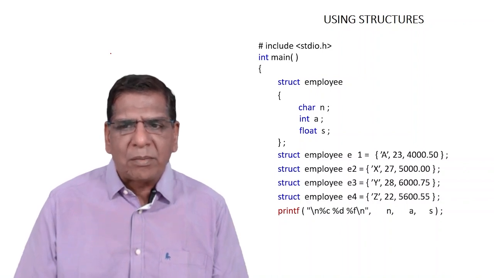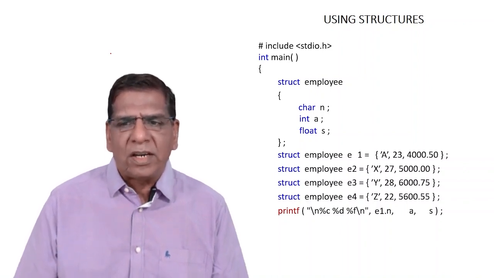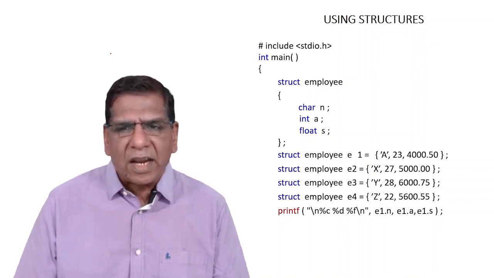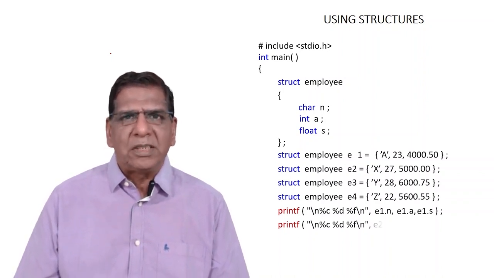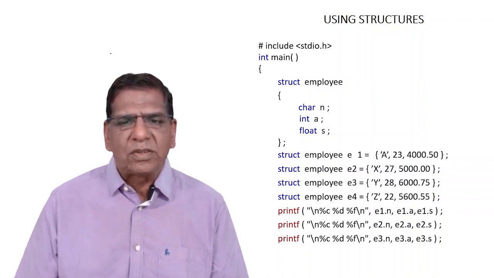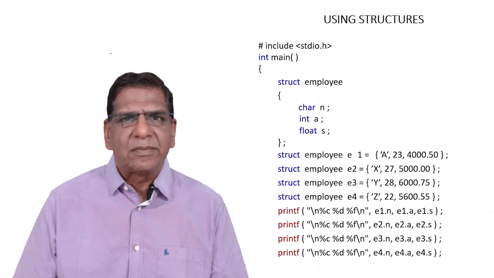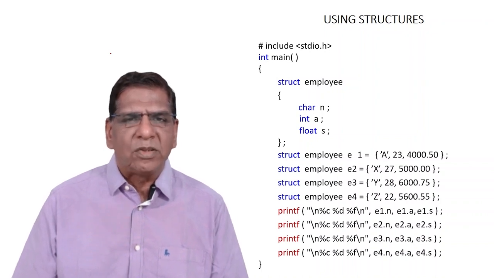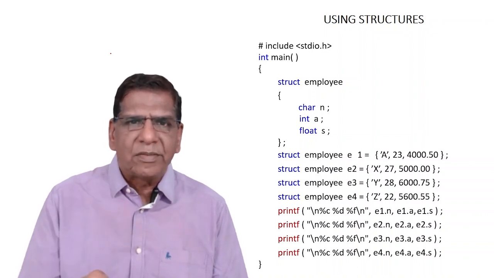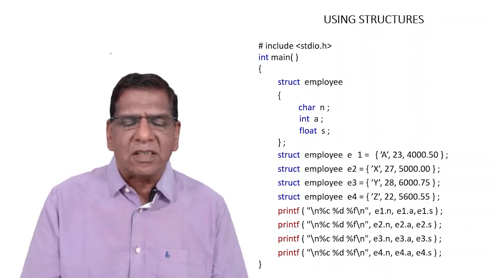And that can be done when you say E1.N, E1.A and E1.S. Likewise, I will say E2's name, age, salary, E3's name, age, salary, and lastly E4's name, age and salary. Finally, the closing brace of main. So using the dot operator, we can access elements of a structure.